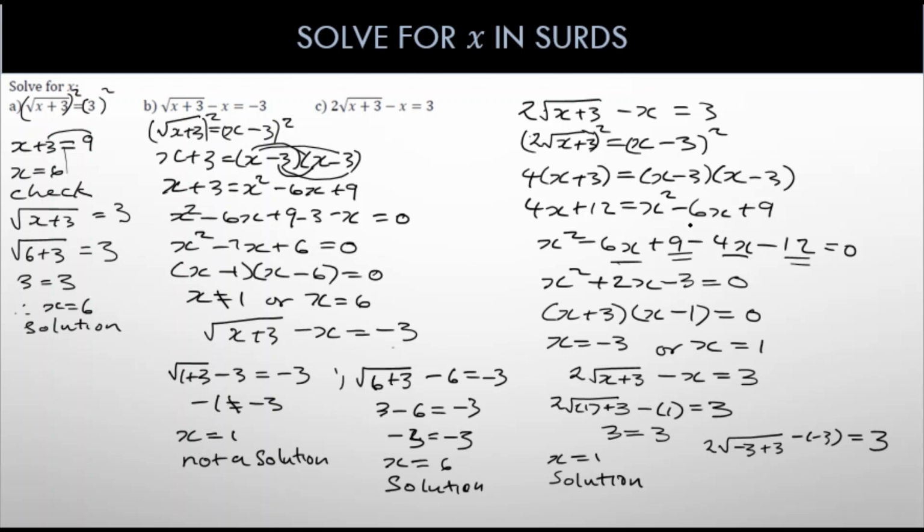So now, negative 3 plus 3 is 0, and then root of 0 is 0, multiplied, everything is 0 here. And then negative times negative is positive, so 3 is equal to 3, and also x is equal to -3 is a solution.